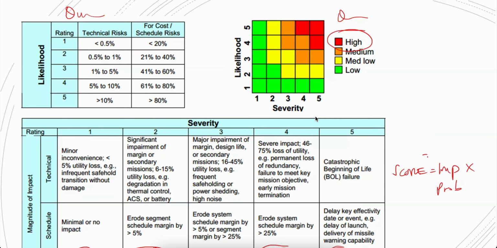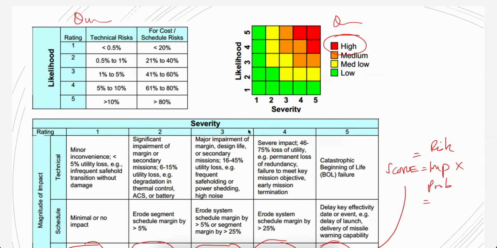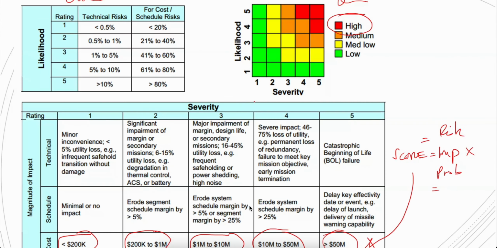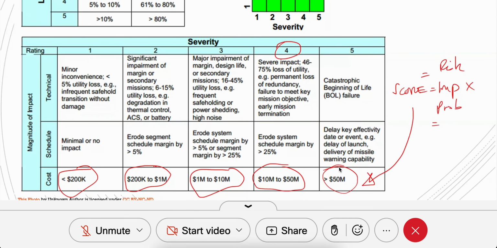Score, which is equal to risk. And once you get the score, you can say, if this happens, the impact might be $50 million or greater than $50 million. Or if the impact is 4, maybe I have to spend this much money to mitigate that, solve that problem if it happens.